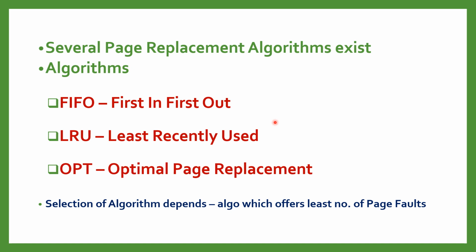So we are checking the past requested pages and we are replacing the page which is least recently used. Likewise in OPT, we are considering the future requests. We are checking the requests which will be made in the future, and the page which will be used least, we will replace with the new requested page.